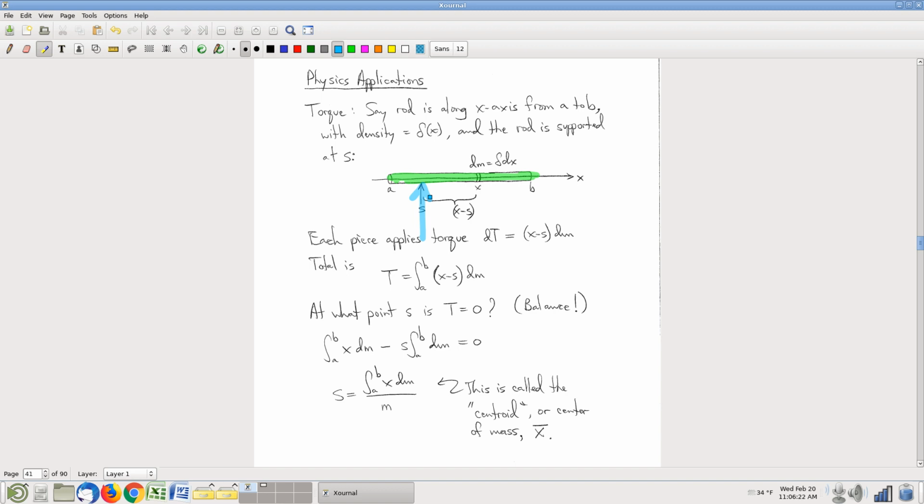And if you write down the formula for torque and solve for this point S, and just simply require that the total torque be 0 and solve for S, here's how it turns out. And again, the rest of those details are physics, and let's not spend any time on that. So there's the formula for the center of mass, or centroid, sometimes it's called, of a one-dimensional thing.